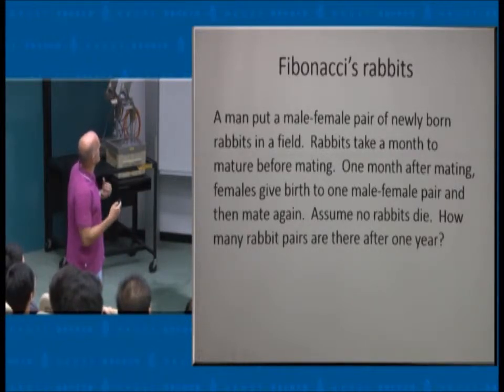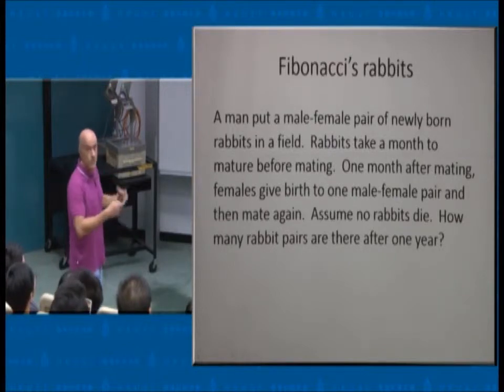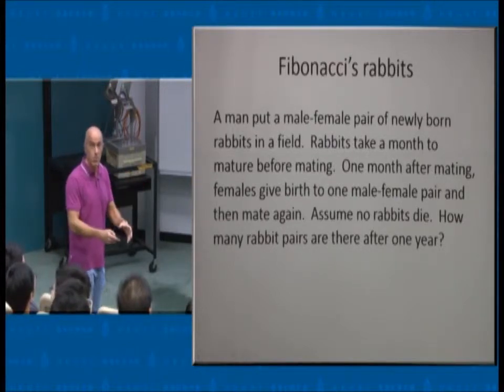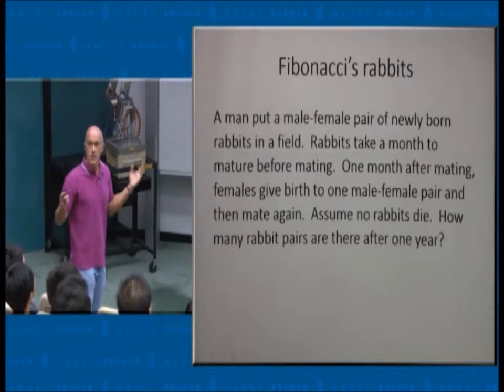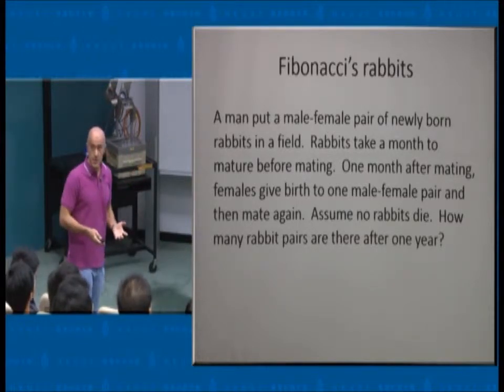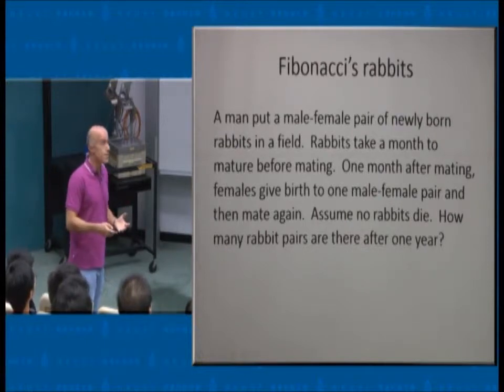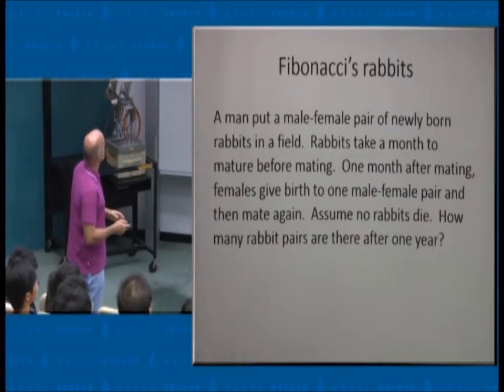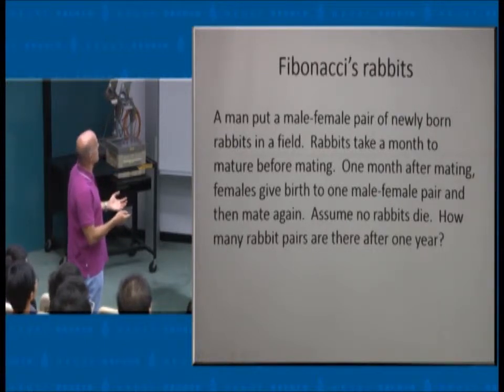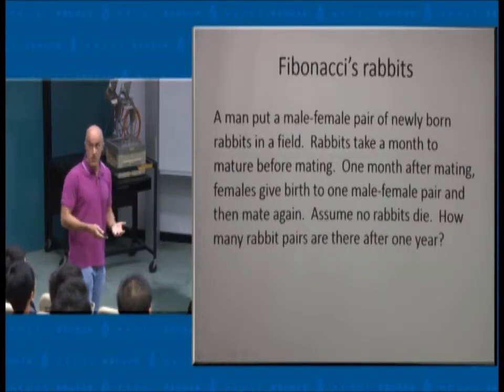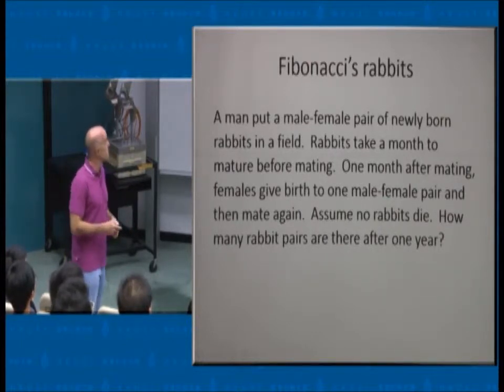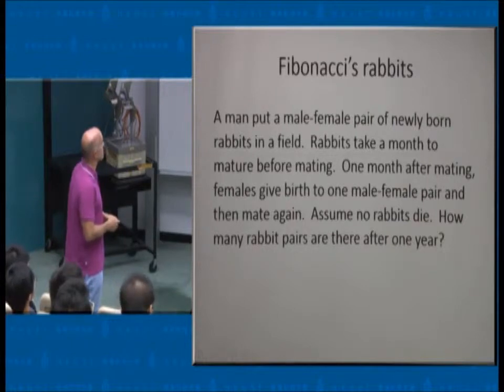So the rabbits take a month to mature before mating, right? So they're newly born. Then they take a month to become adults. Then the rabbits mate. And then it takes 1 month after mating before the females can give birth to another pair of male-female rabbits, okay?